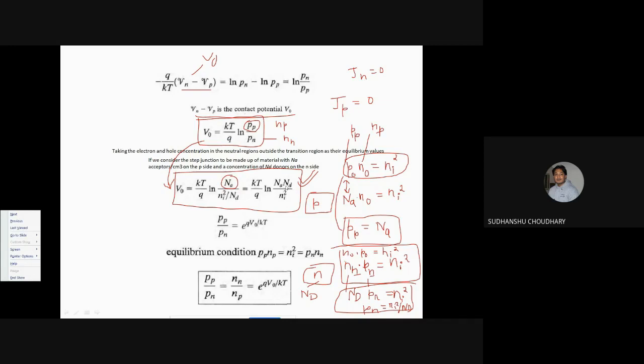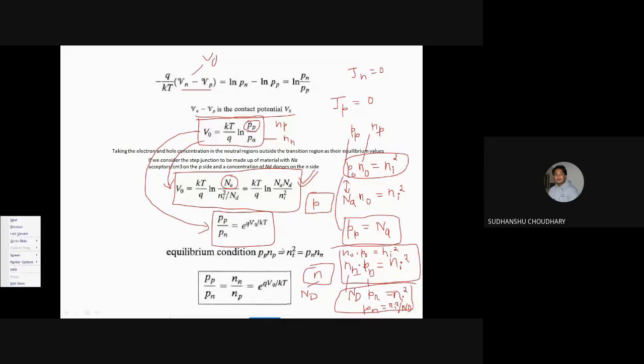Now from this equation, one can find another relation, which is this one: PP by Pn is equal to E to the power QV naught by KT.